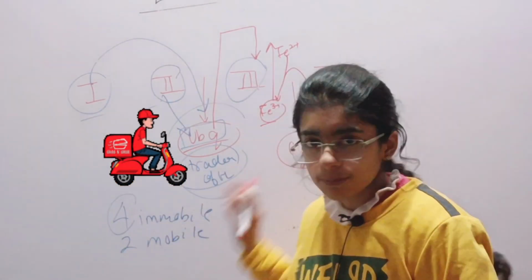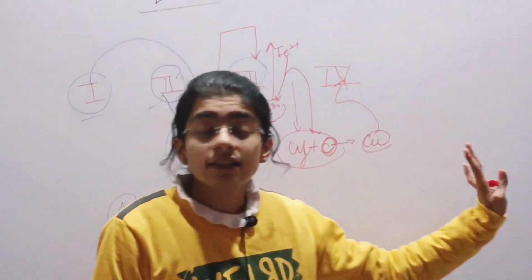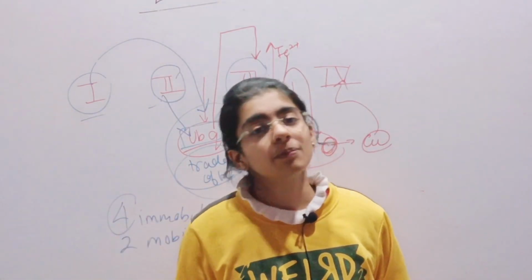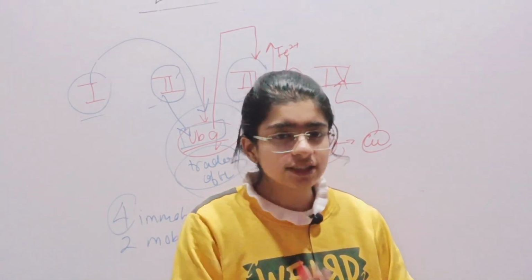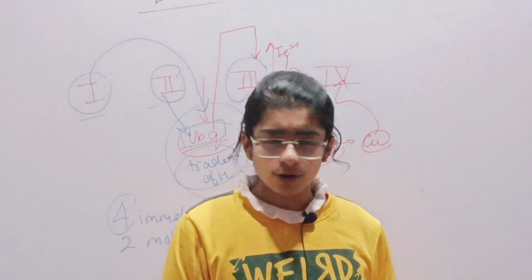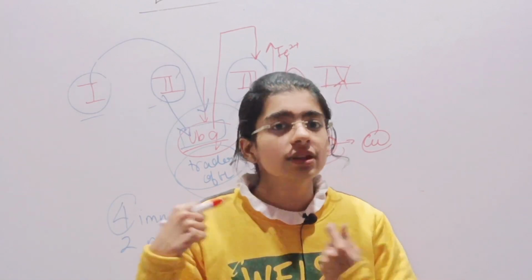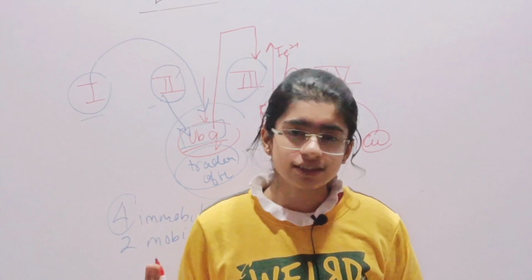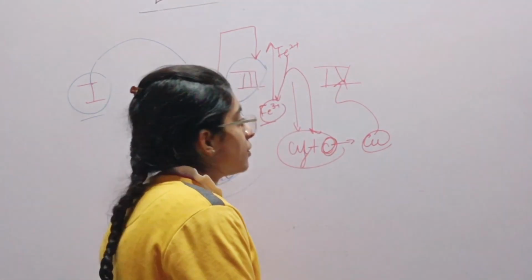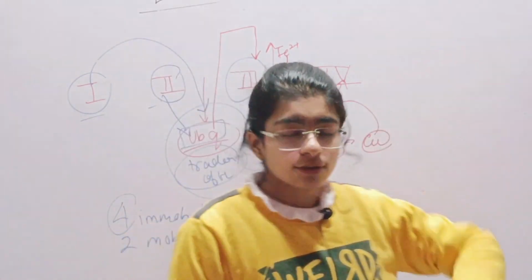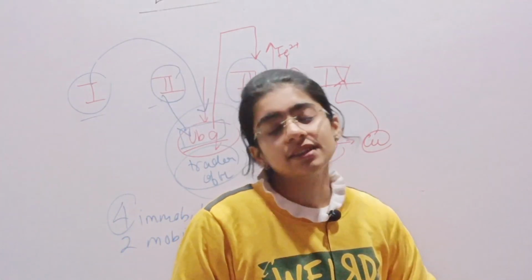As all of these complexes are small homes, copper is the delivery person or security guard of complex 4. What does a security guard do? He keeps a check, and whenever we receive some orders or deliveries, he just takes them, and when we want to give something to someone, we drop it at the security guard and he will give it to that person, right? So copper will receive the electrons, but iron is also present here.